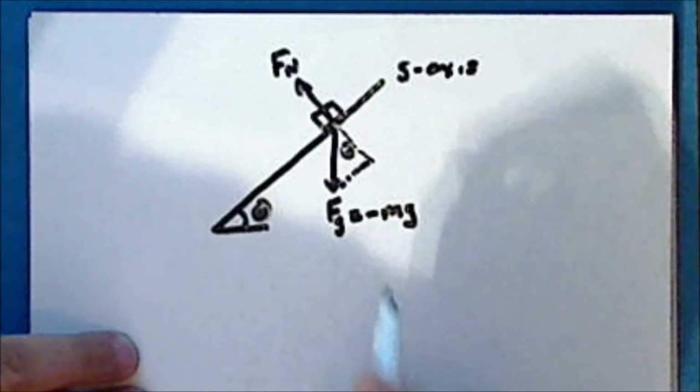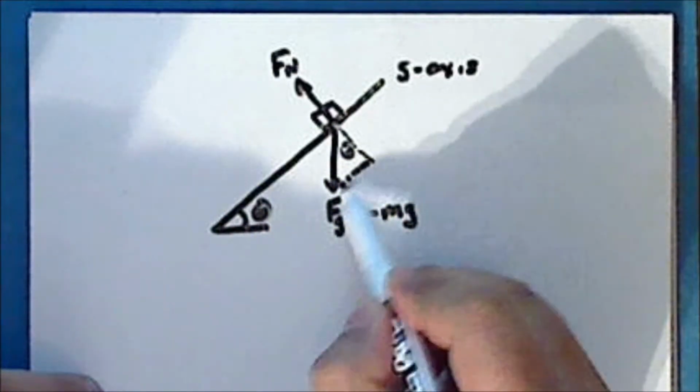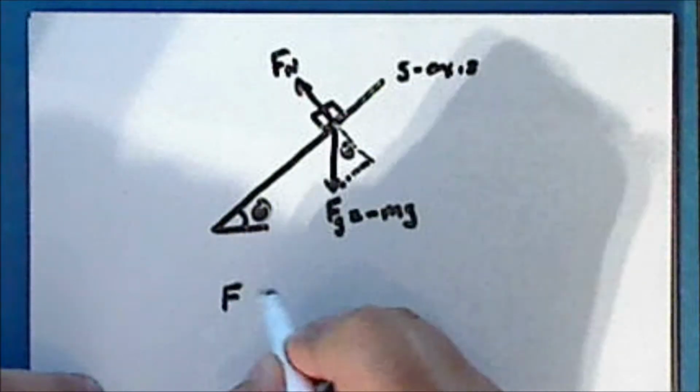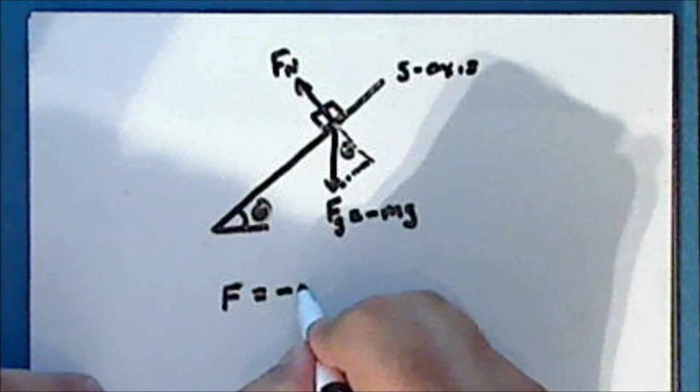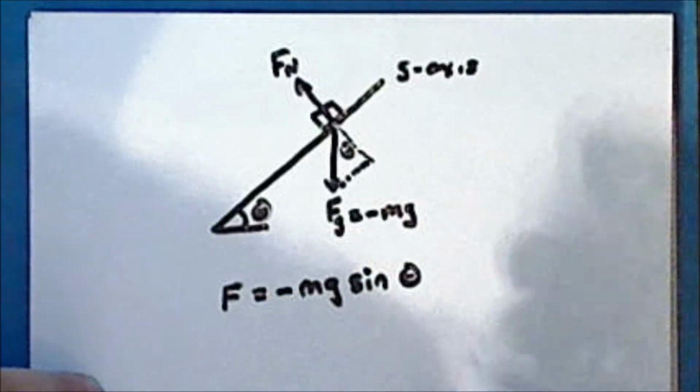So notice that the only non-zero force is the component of the gravitational force that is parallel to the plane, and this force is equal to negative mg times sine of theta.